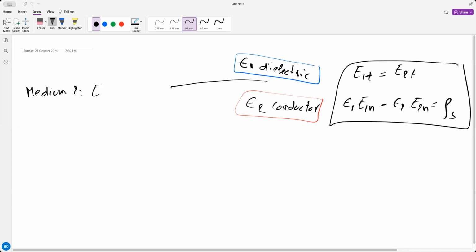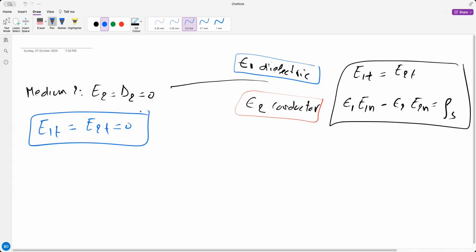This means that the electric field is zero. If the electric field is zero, this means that E1T is also equal to zero. Sorry, there is no tangential component. Are you following? Please remember this. There is no tangential component of the electric field when it comes to an interface between the dielectric and the conductor.